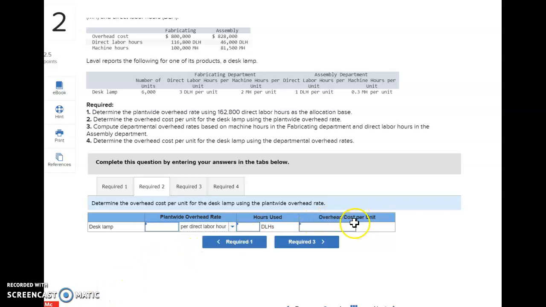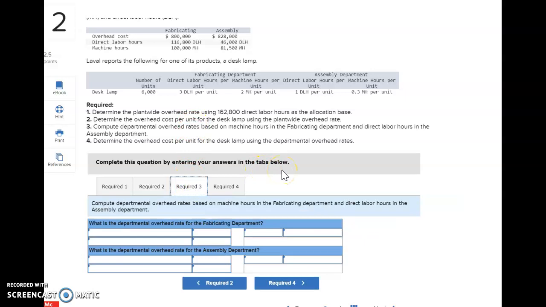Since we're calculating the overhead cost per unit, it's going to be the hours used to make one desk lamp, which is given to you up here. And again, we want the total direct labor hours, so we need to take the direct labor hours and combine them from the two departments to get the total direct labor hours for the plant.